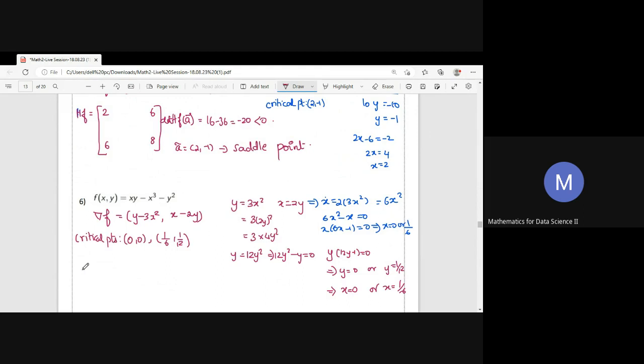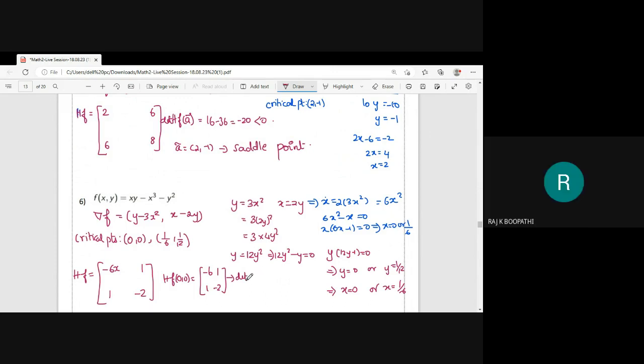Now what is the Hessian matrix in this case? The derivative of the first component with respect to x is minus 6x, and the derivative of the second component with respect to x is 1. The derivative of the first with respect to y is 1, and the derivative of the second with respect to y is minus 2. So Hf at 0, 0 is [0, 1; 1, -2].